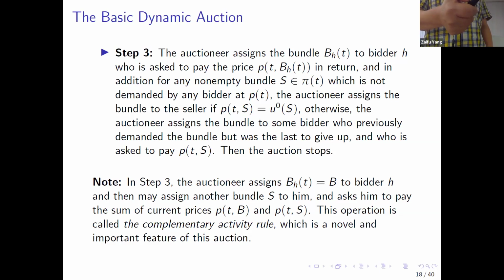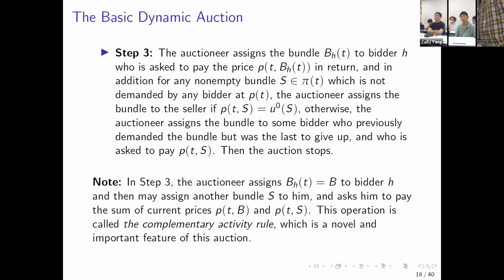Then what is not standard is that in addition, for any non-empty bundle which is supplied by the seller and which is not demanded by any bidder, we have two cases to consider. If the price of the bundle S is equal to the reserve price, then the seller just keeps it.